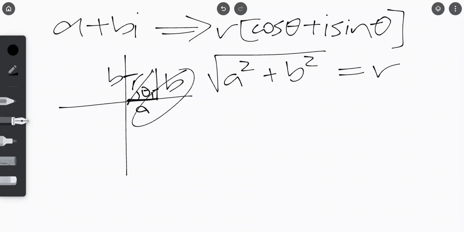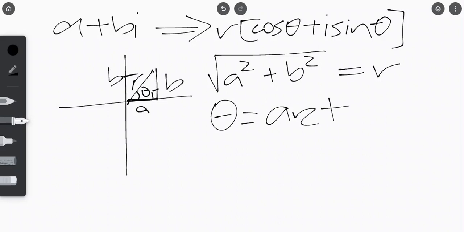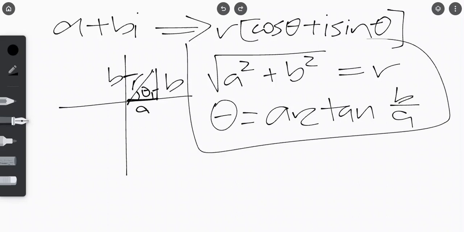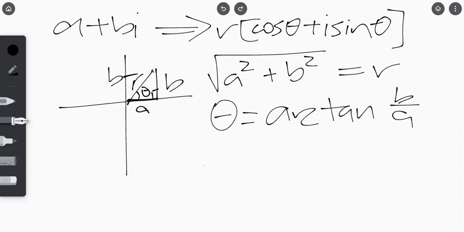We established before we wanted to use trig. So theta is equal to the inverse tangent of b over a, because tangent is opposite over adjacent. These are just the two formulas you need, but if you ever forget them, you can draw the complex number out and use this line of thinking to deduce them.